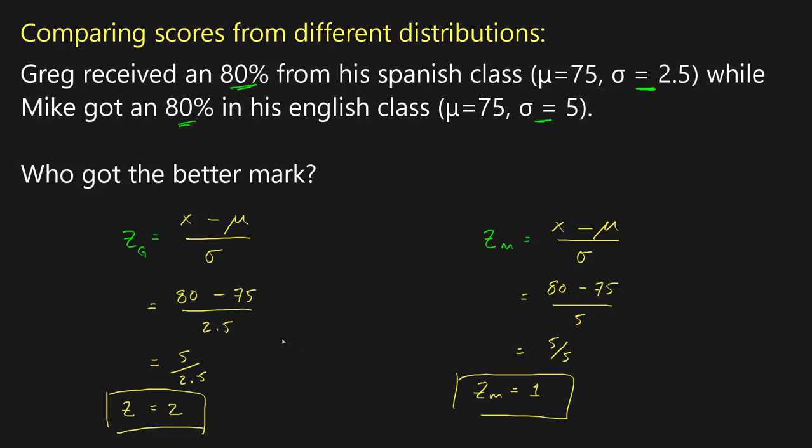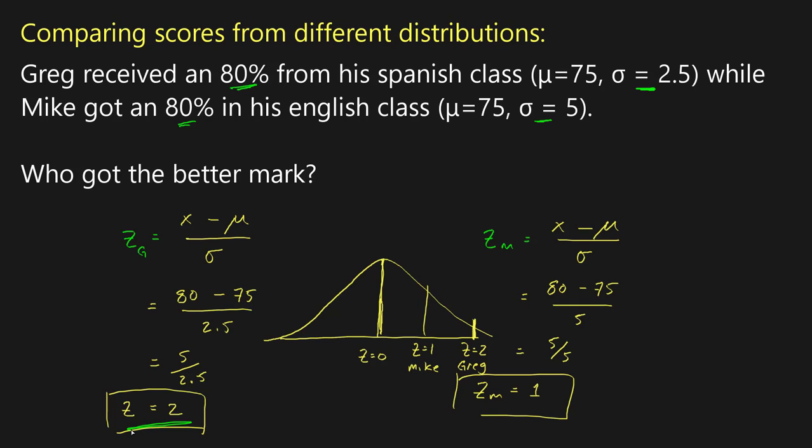Well, if I were to draw these on a distribution where z equals 0 is at the center, you would see that I've got Mike right here at 1, whereas Greg is twice as far ahead. Greg has a z-score of 2, so hooray for Greg.